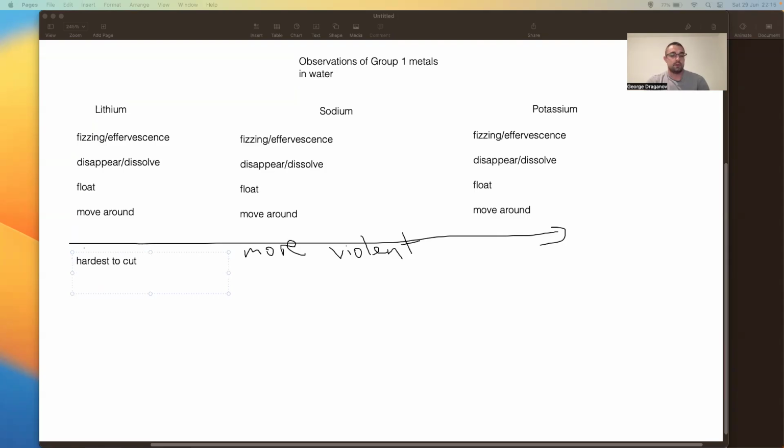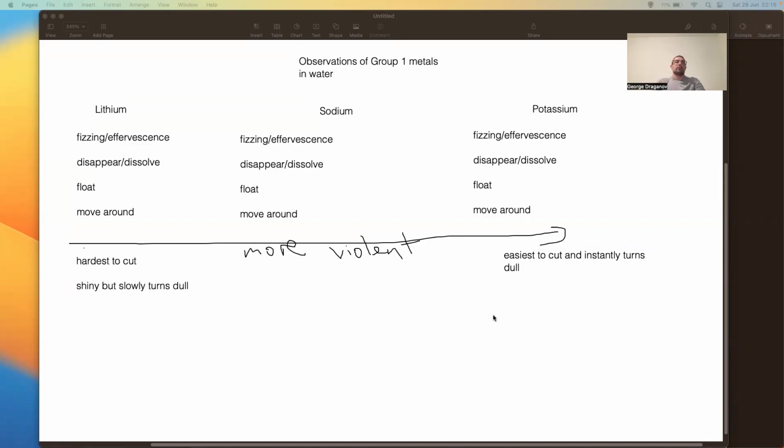And when you cut it, it is shiny, but slowly turns dull. Okay, this one will be the easiest to cut. And instantly turns dull.